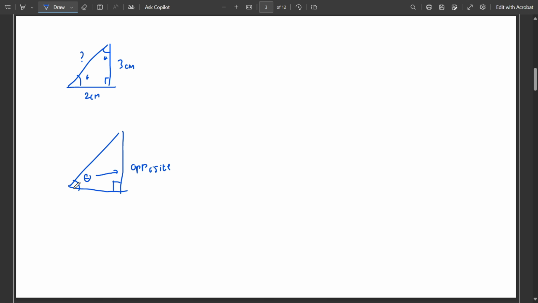And this bottom here is called adjacent, and this here is called the hypotenuse.